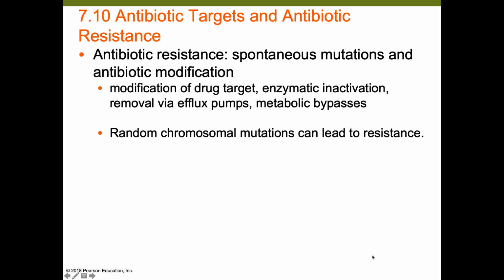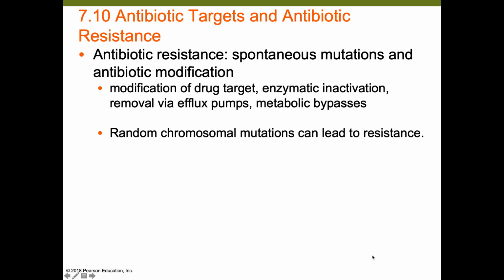So let's talk about the quinolones. They inhibit DNA gyrase. That means they bind to a certain spot on DNA gyrase, and when they bind to that spot, DNA gyrase is no longer able to unwind DNA. But what if you had a single cell that had acquired a mutation in DNA gyrase that altered the binding site for one of the quinolones, like ciprofloxacin?